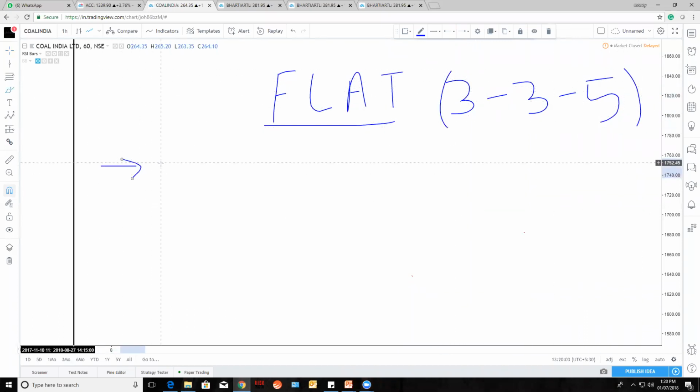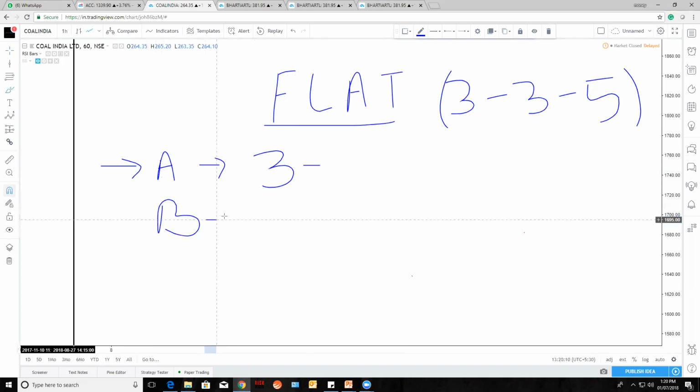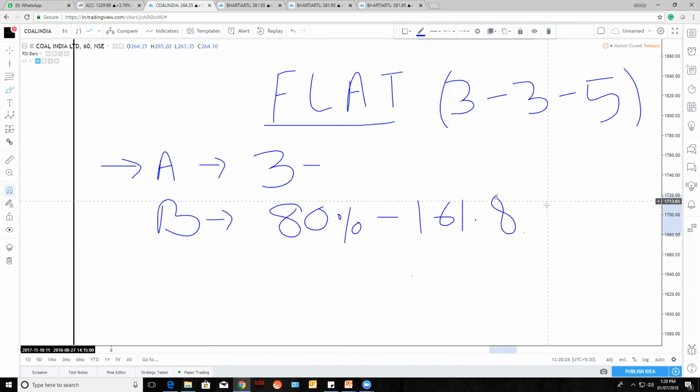A is a simple three-wave structure, right? B always retraces more than 80%, and it might go up to 161%.